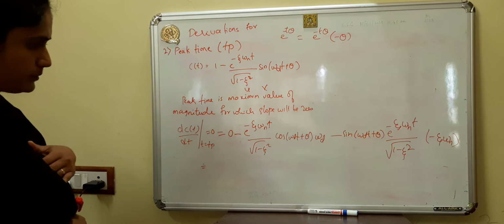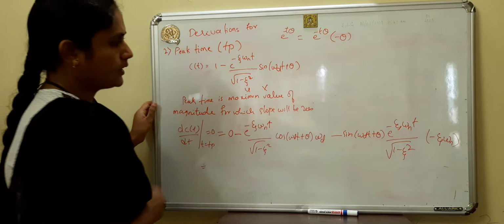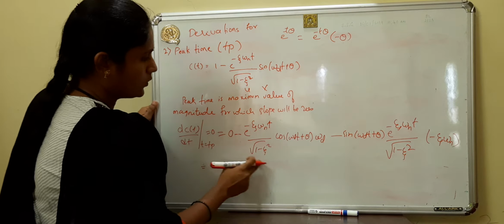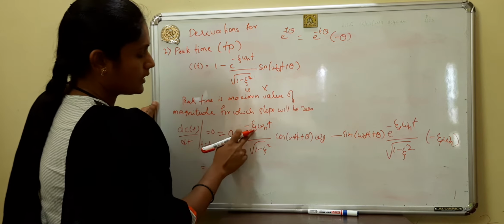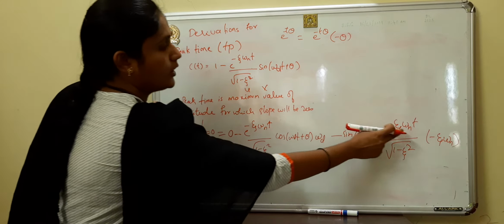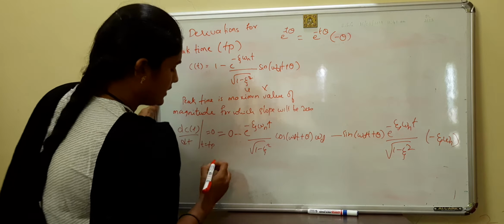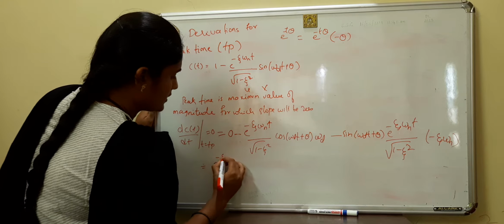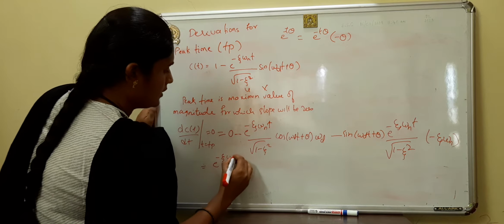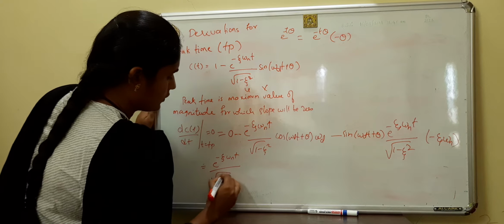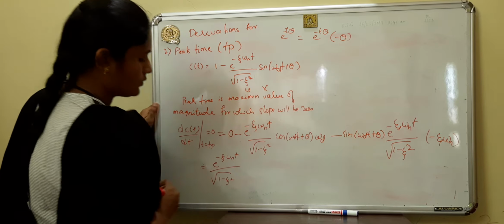Next, in both the terms e raised to minus zeta omega n t divided by square root of 1 minus zeta square is there, so we will take that as common.